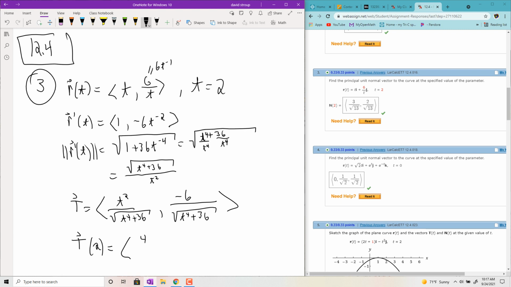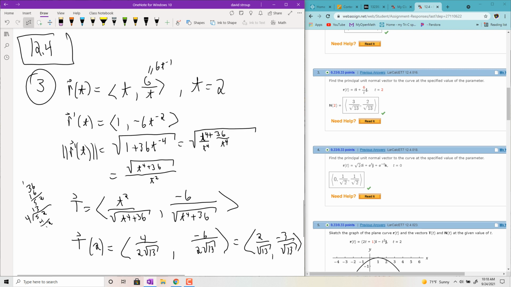That will be 4 all over the square root of 16 plus 36, which is 52. It seems like 4 goes into 52 13 times. So it's going to be 2 root 13, comma, negative 6 all over 2 root 13. And then we could rewrite that as 2 over root 13, comma, negative 3 over root 13.